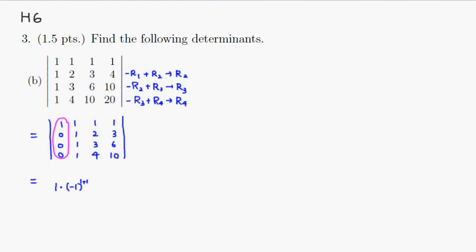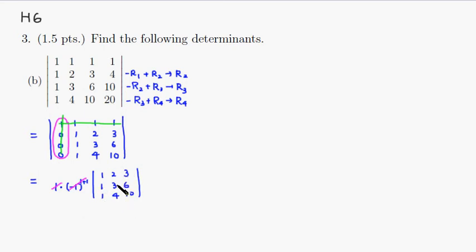Then you look at the submatrix, so we strike those out. The submatrix has determinant of 1, 2, 3; 1, 3, 6; 1, 4, 10. The (-1) to the 1 plus 1 would be 1 anyway, so these two don't do anything. We just have to find this determinant.